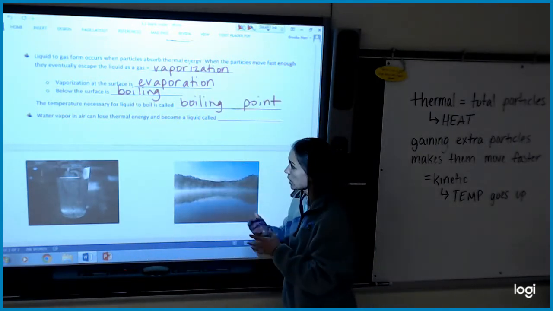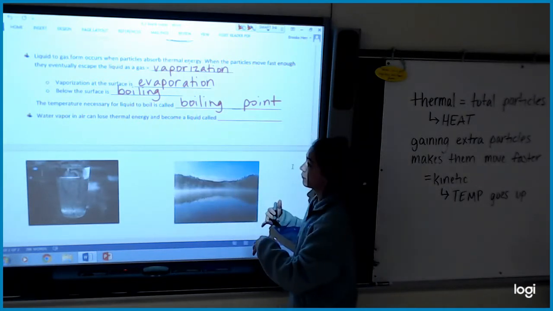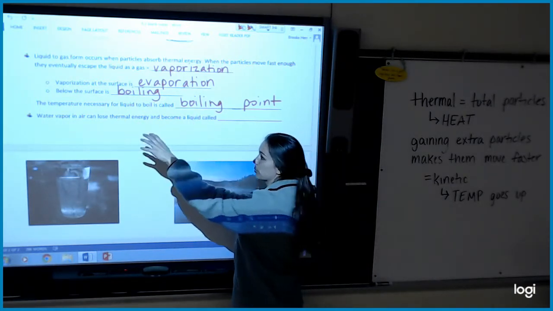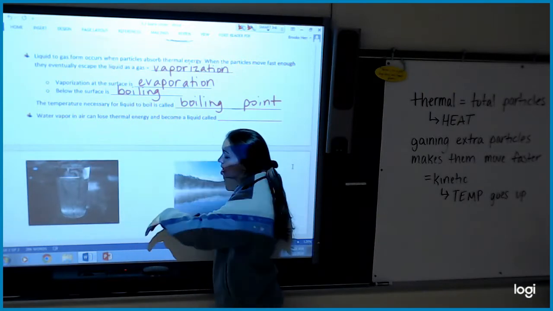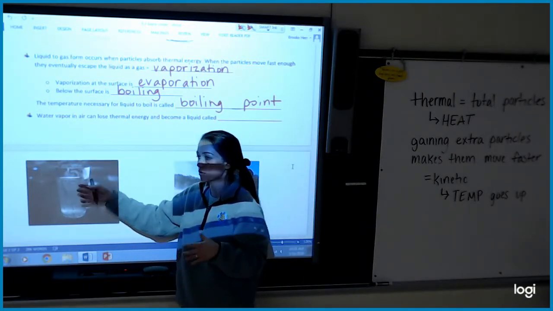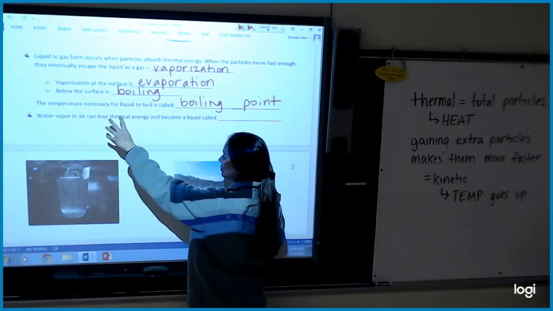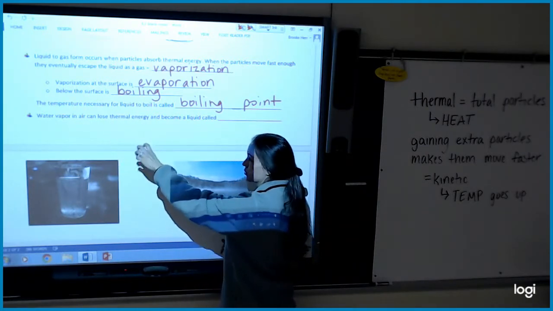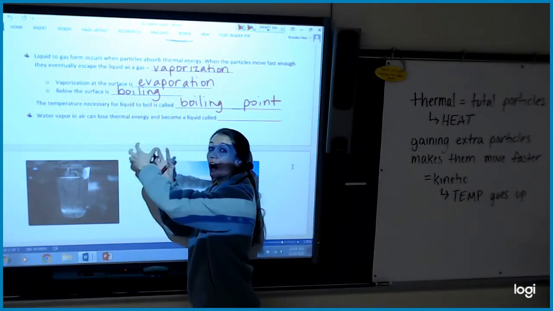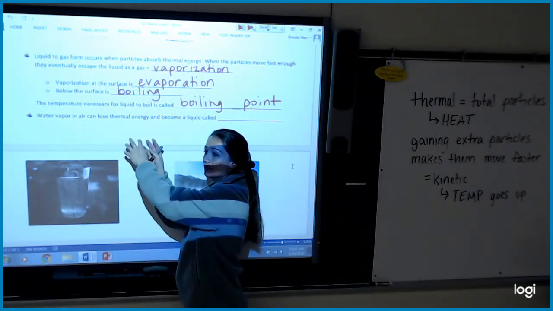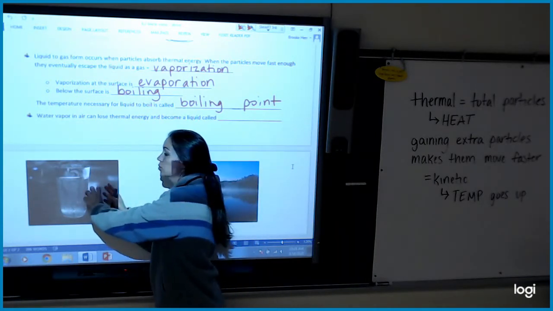Okay? Vice versa then, we're going from gas, water vapor in the air. Okay, let's say you have a cold drink and you take it outside in the summer. Okay, those gas molecules are going to lose their thermal energy. The air is hotter. It wants to give some of that energy away to the cold cup.